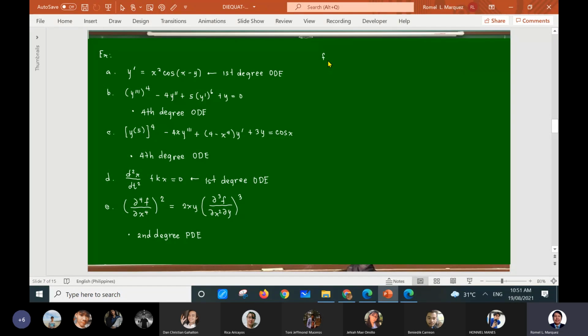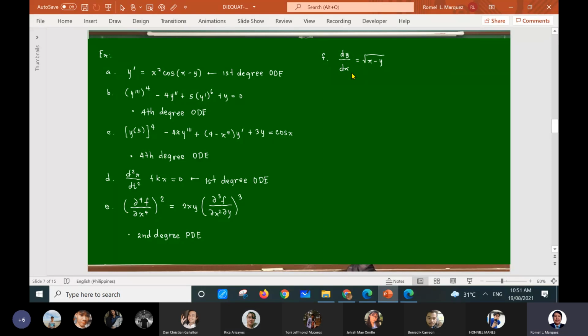So let's have derivative of y with respect to x is equal to square root of x minus y. What about this? What is the degree? Do you have to rationalize? Because it involves the radical. But the radical does not contain a derivative, right? So it means we don't need to, no? Am I correct, guys?